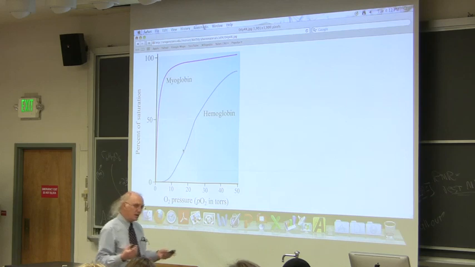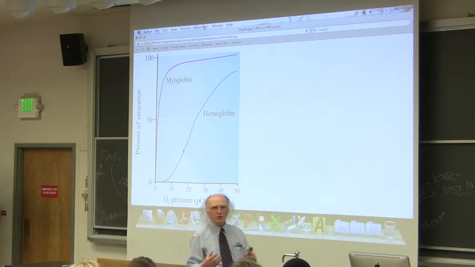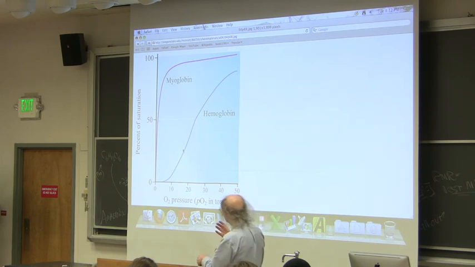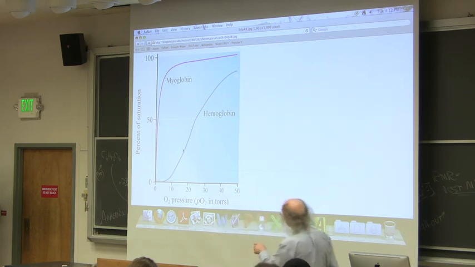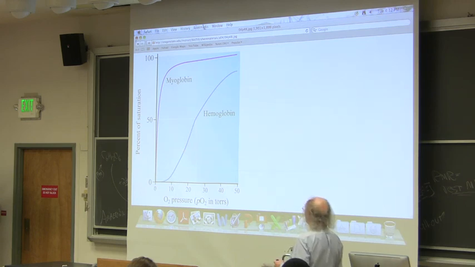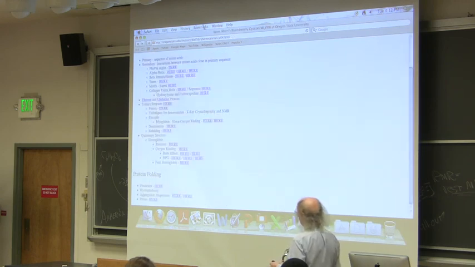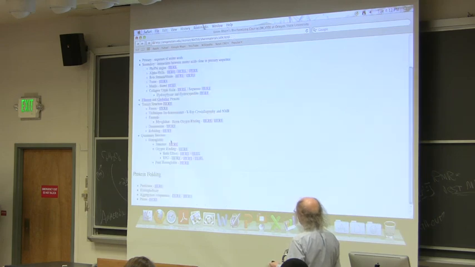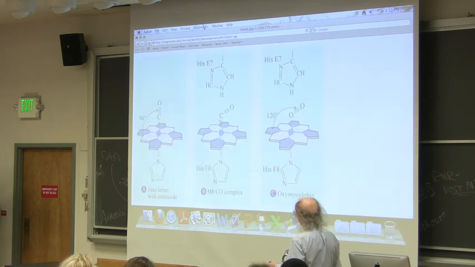Okay? Now, I'm going to explain to you at a protein level what actually happens with this different affinity that hemoglobin has compared to myoglobin. So let's go back to the structure here.